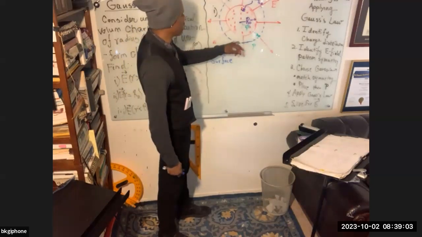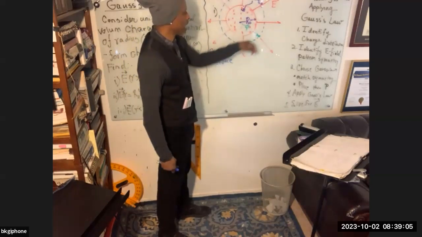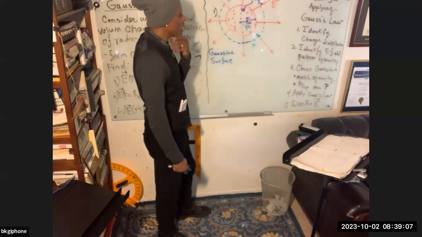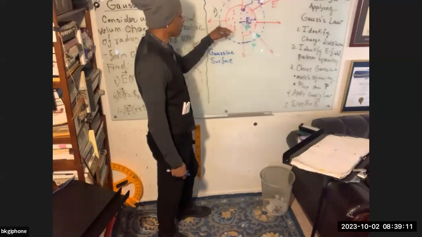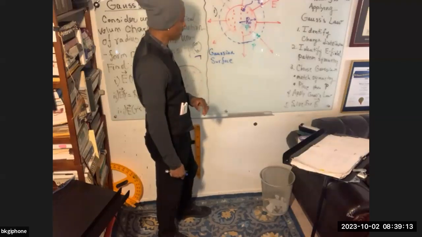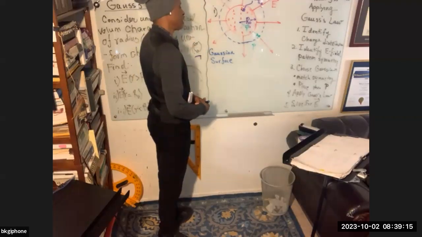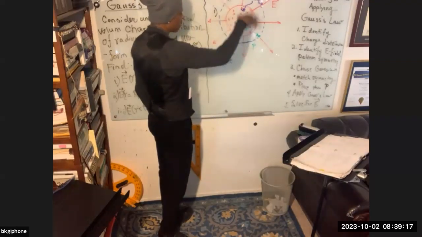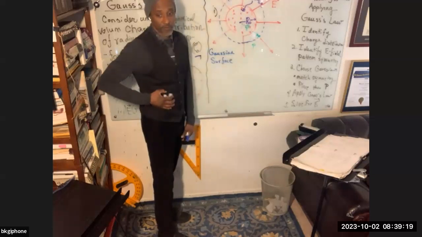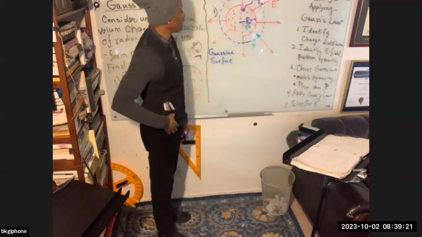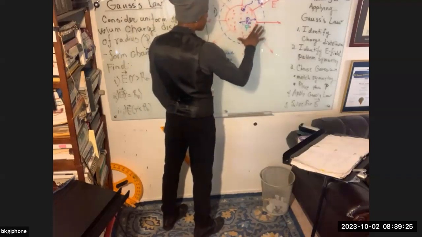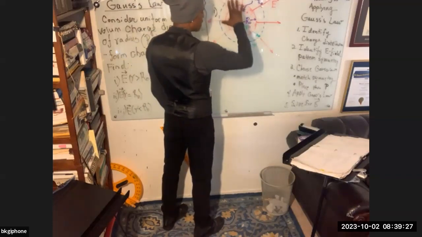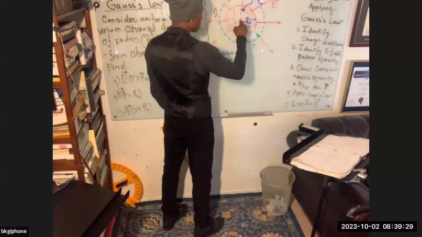So if I can find the field on the surface of my Gaussian, well, a couple things. I've also exploited the symmetry by placing it spherically symmetric to the charge distribution, because that means that the E field is going to interact with that surface with what we call high symmetry. That is, since the surface is centered, the surface is the same distance from the center of the charge distribution everywhere.